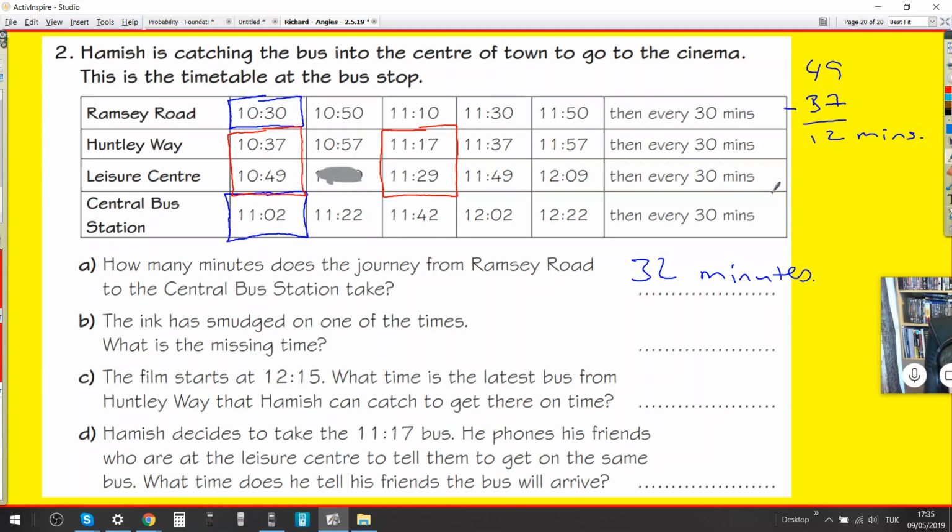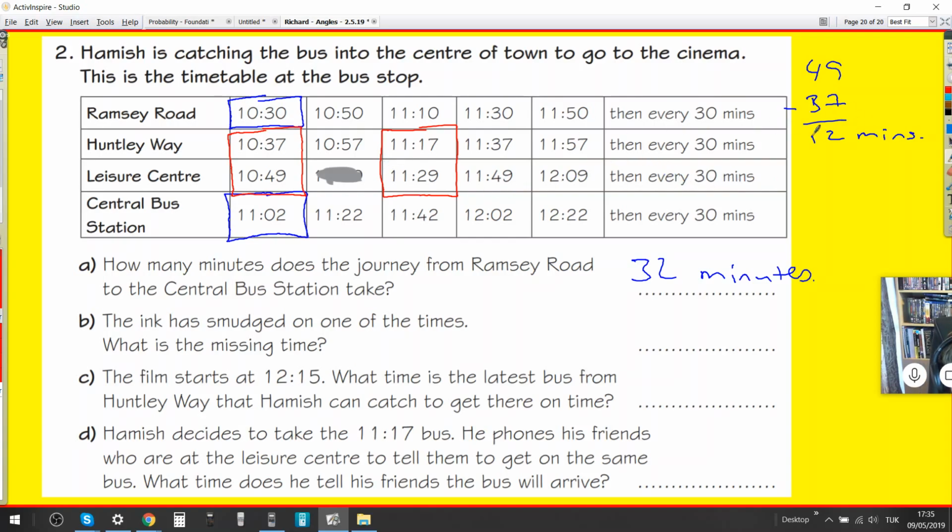So the answer must be, wait, no. Right, so 12 minutes for 10:37 and 10:49, it's 12 minutes for 11:37 and 11:49.